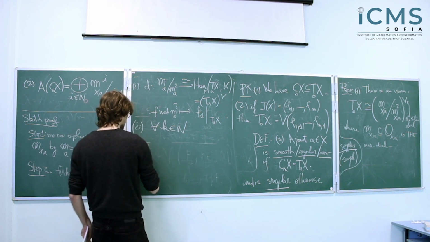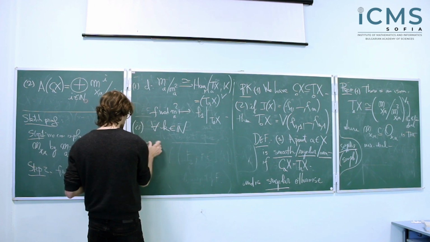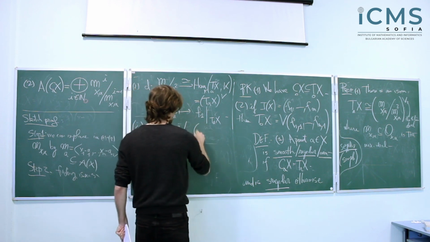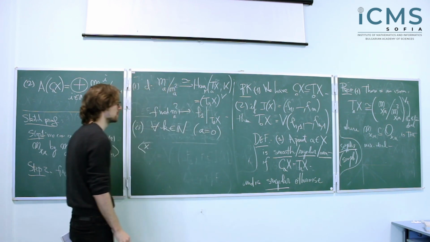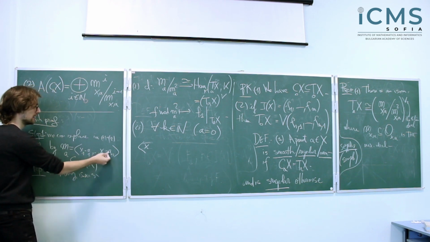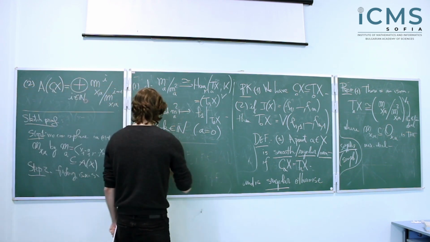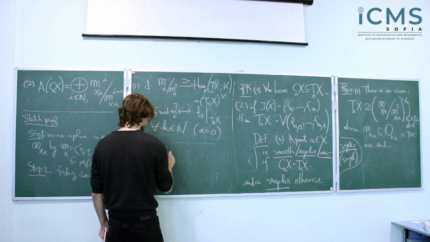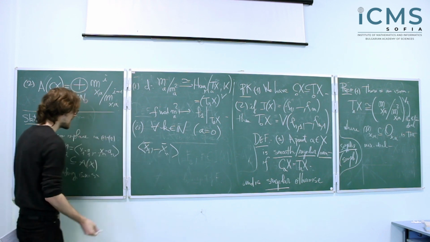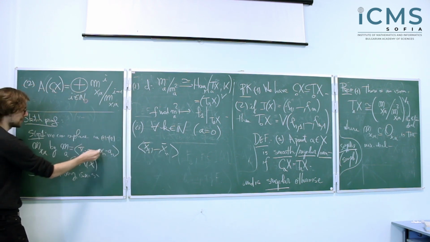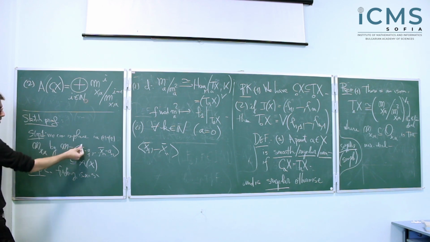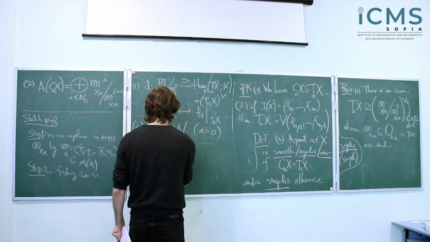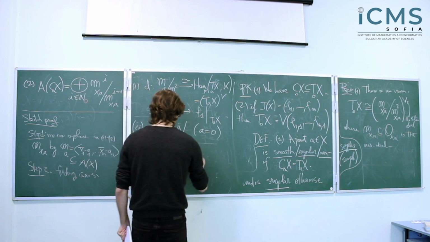I can consider what these things look like at 0, and let's just assume that a is equal to 0. This simplifies a lot of stuff. I don't have to carry all these a_i's. So what do these things look like? The x_i's are the images of the coordinate functions inside of A(X). Right, so what does this look like?